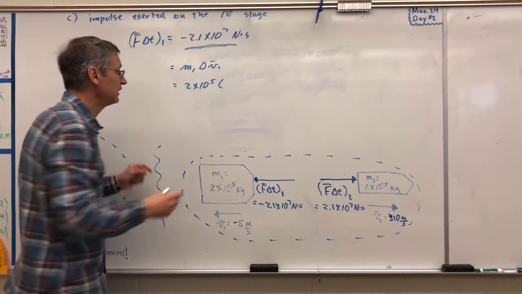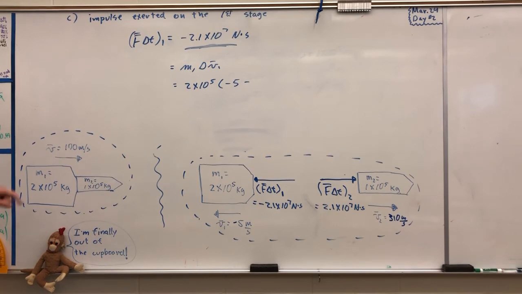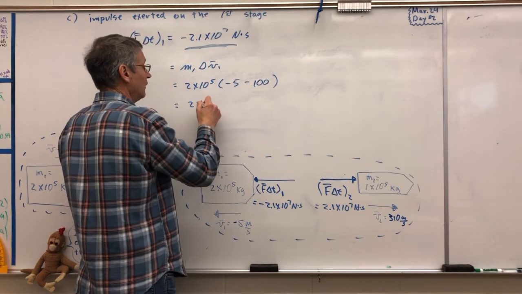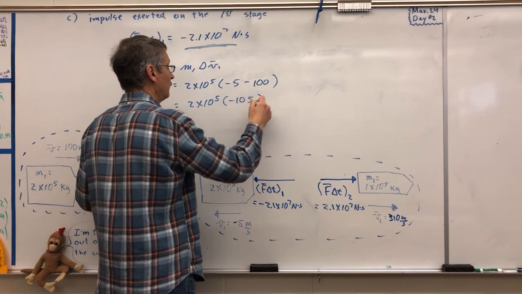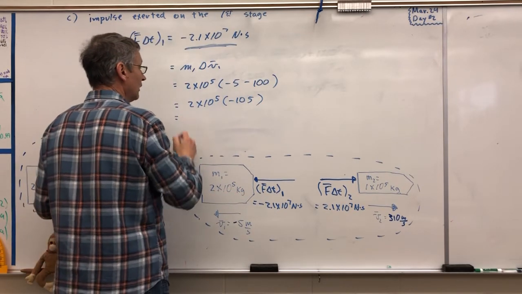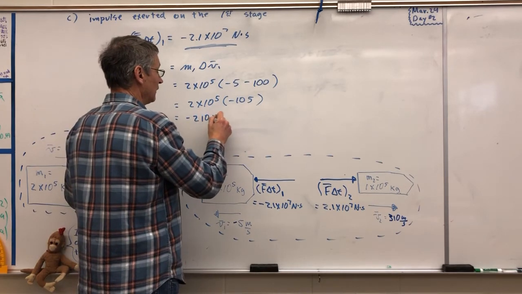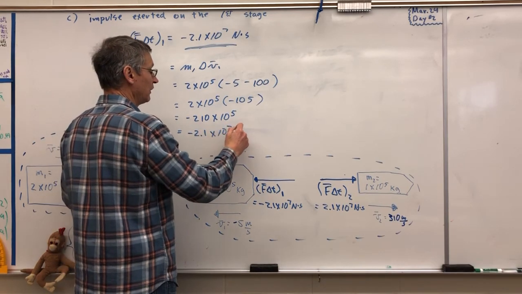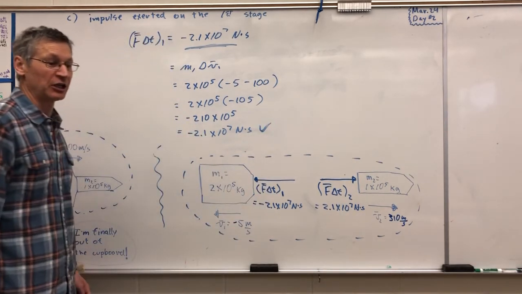Its final velocity, take away its initial velocity, which is 100. You do this arithmetic. Negative 5 take away 100 is negative 105. Negative 105 times 2 is negative 210 times 10 to the 5th. That looks familiar. That works out to negative 2.1 times 10 to the 7th Newton seconds. Okay. So there's a quick little check of your work.